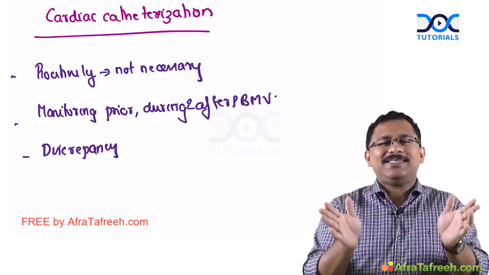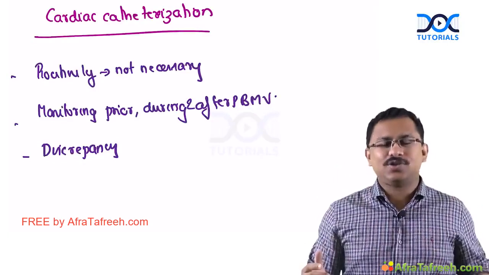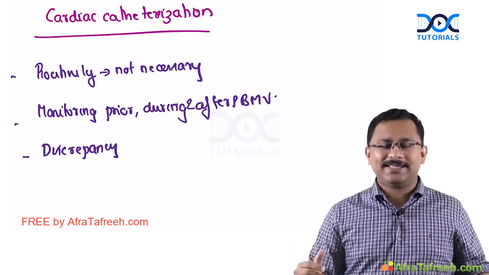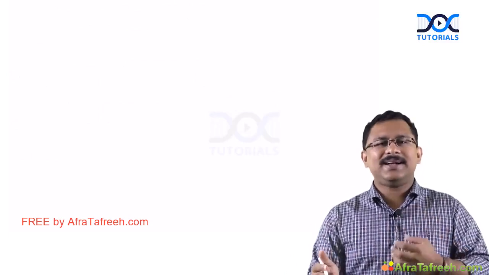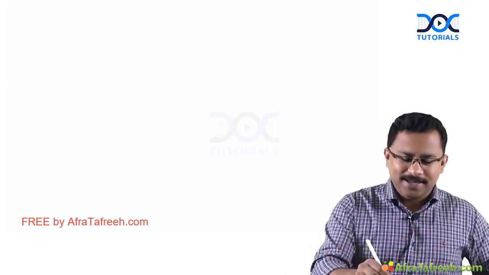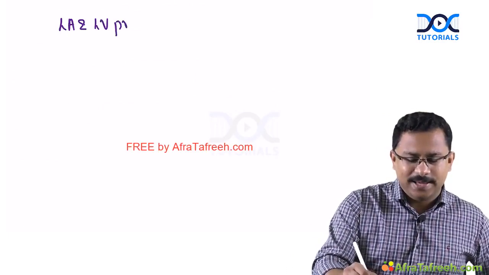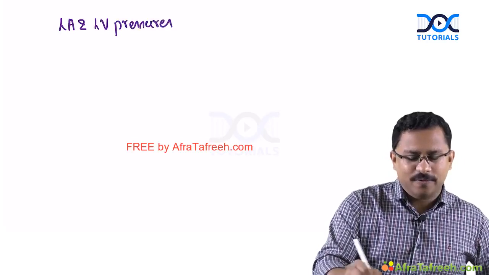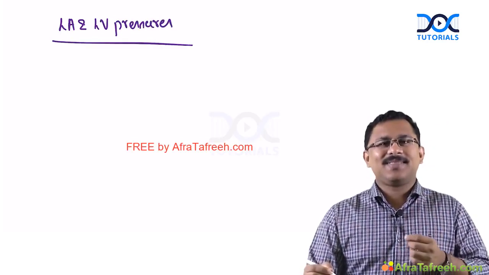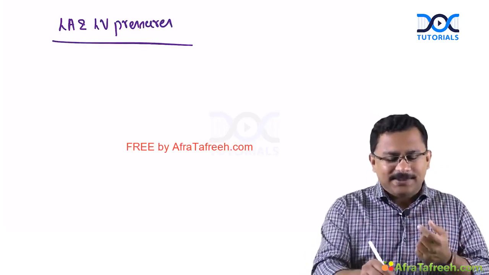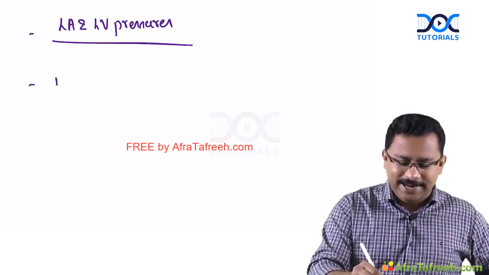If there is a discrepancy between the clinical and non-invasive findings, in that case also you can go for a cardiac catheterization. So you can go for a catheter based assessment of LA and LV pressures, and it also helps in assessment of the mean transvalvular pressure gradient.